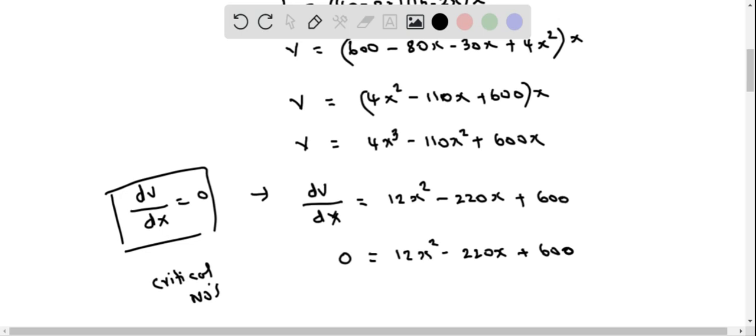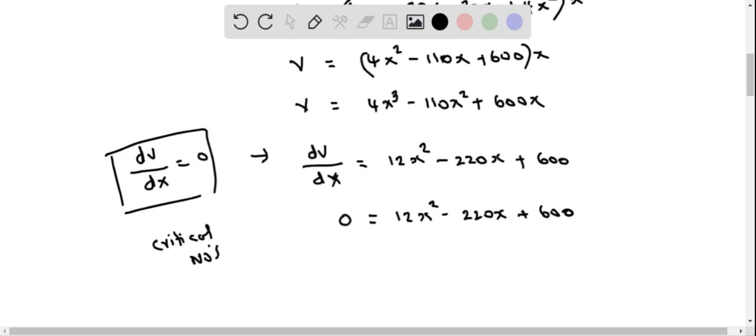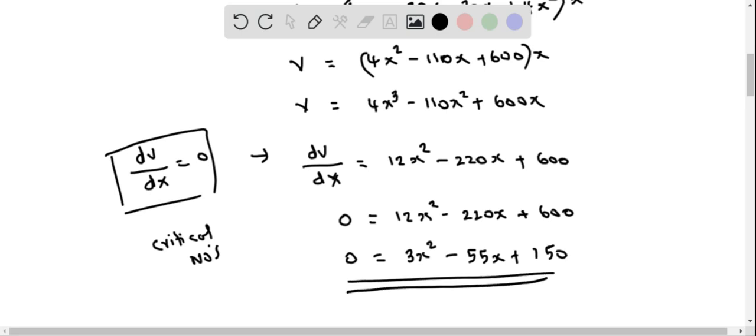I see that I can divide all the terms by 4. So therefore I'm going to write down this as 0 equals 3x squared minus 55x plus 150. So this is basically a quadratic equation which can be solved for x.